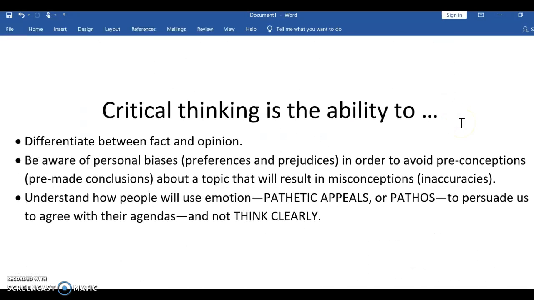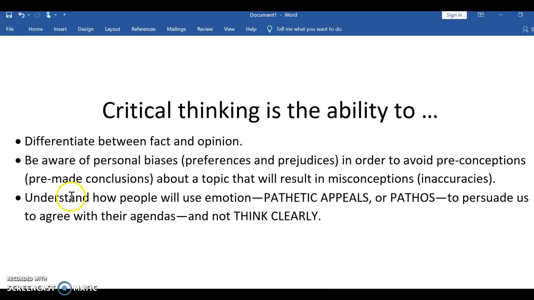I don't want to simply give you a cut-and-dried definition of critical thinking, such as critical thinking is the ability to differentiate between fact and opinion, be aware of personal biases, which are preferences and prejudices, in order to avoid preconceptions, which are pre-made conclusions about a topic that will result in misconceptions or inaccuracies.